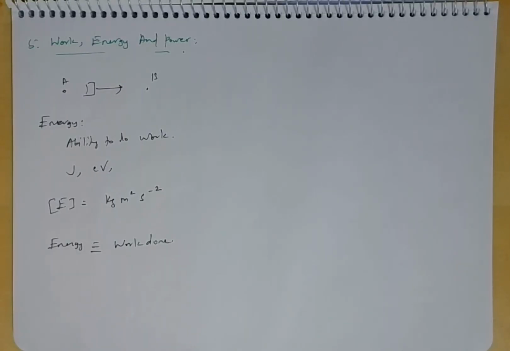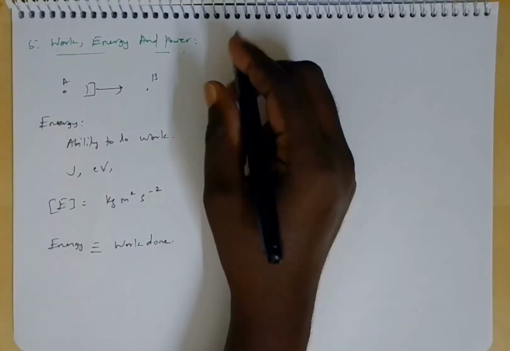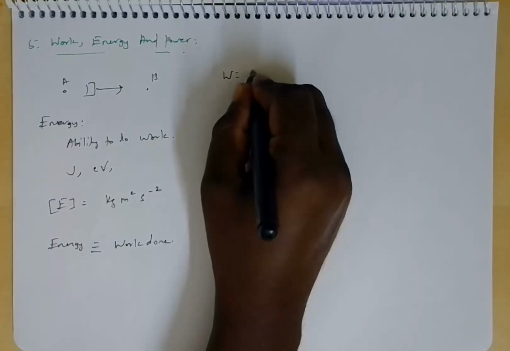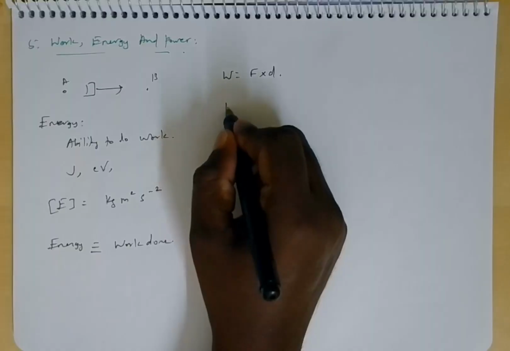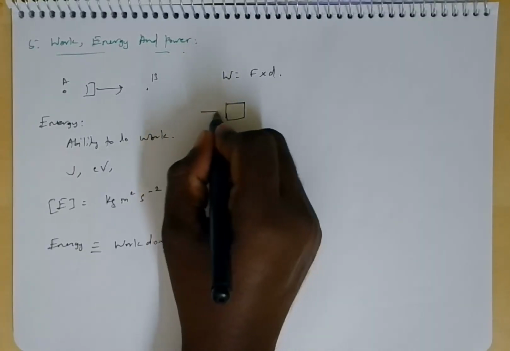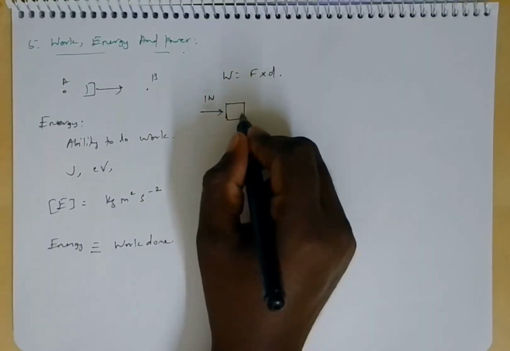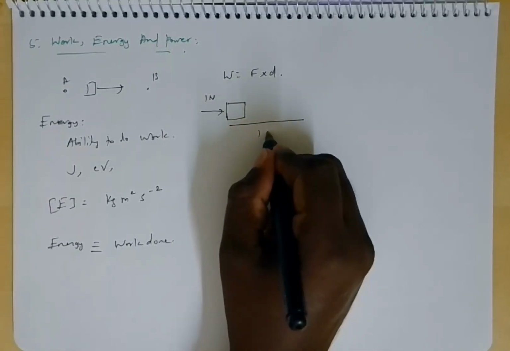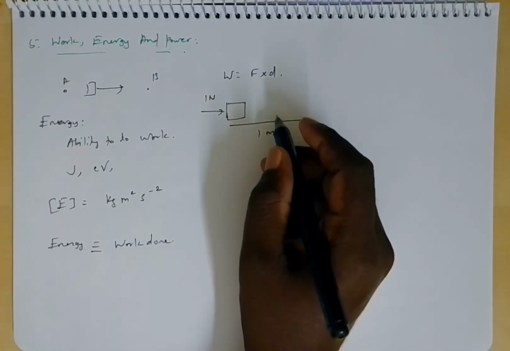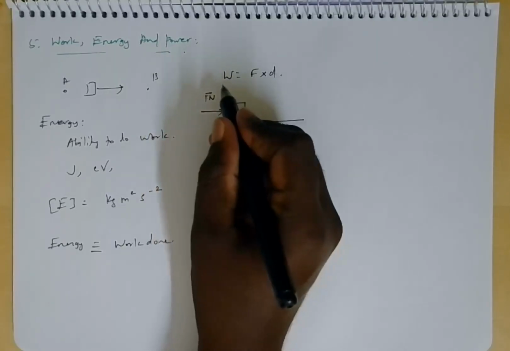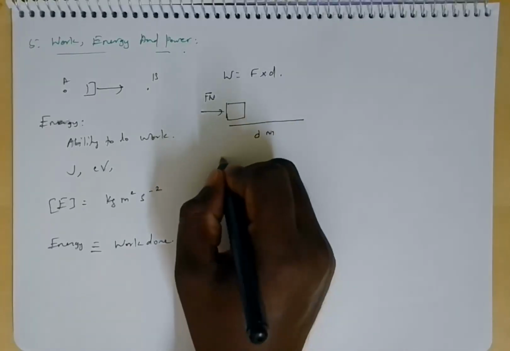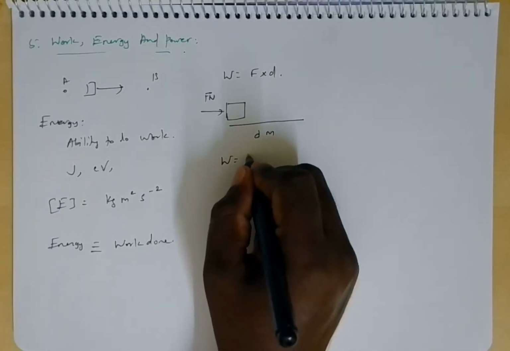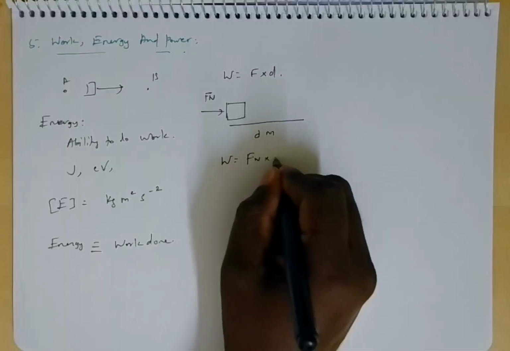Okay. So we can start with, what is work done? Work done is force multiplied by distance. What we mean by this is, let's say there is an object, and we are giving 1 Newton force for a distance of 1 meter, or we give F Newton force for the distance of d meter. Then the work done we spend is F Newton into d meter.